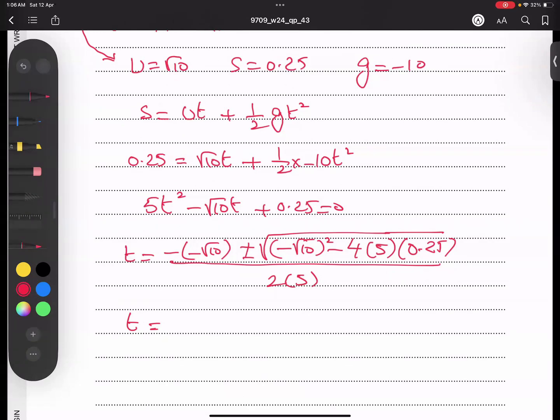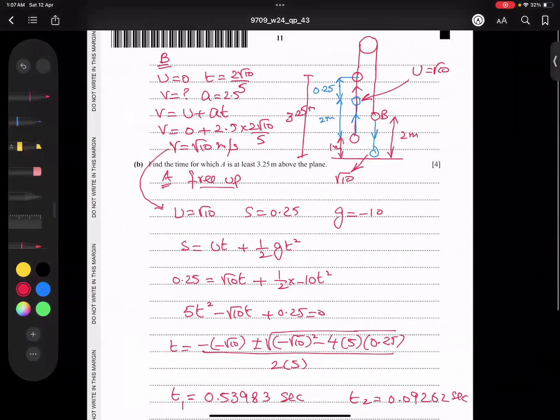And I'm getting, students, first time 0.53983 seconds, t1. Second time, if I just change the sign outside, I'm getting 0.09262 seconds.